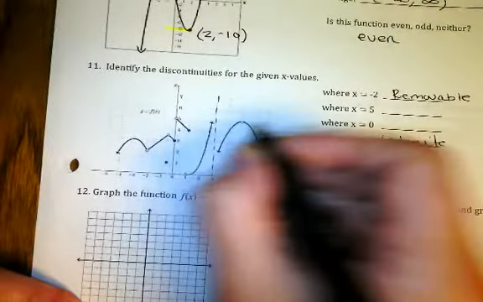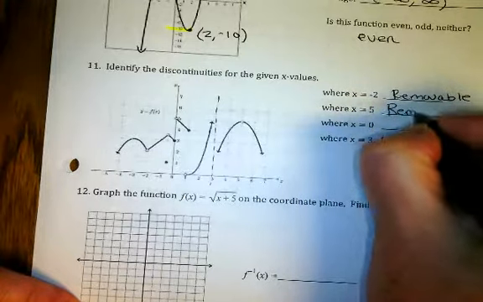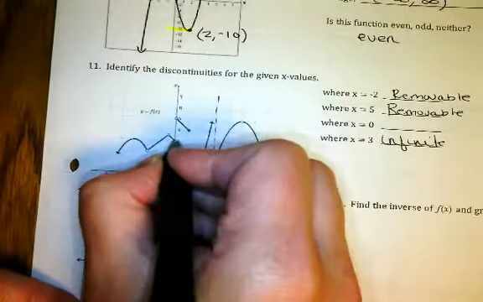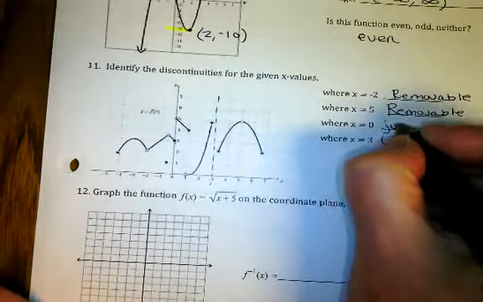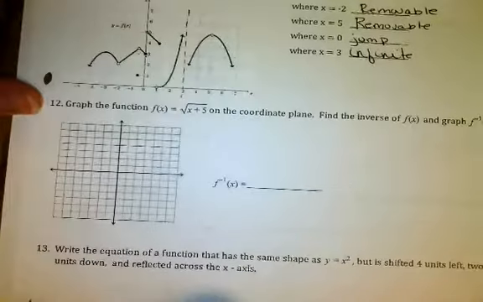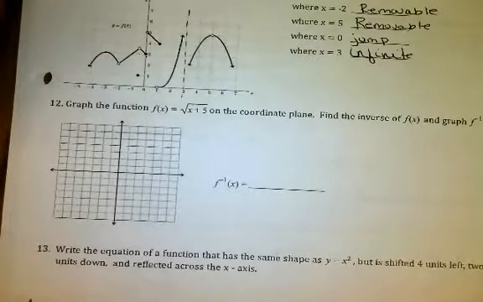At x equals 5, it's another removable. And then at x equals 0, it's a jump. Again, I think of a little frog. Jump, jump, jump.